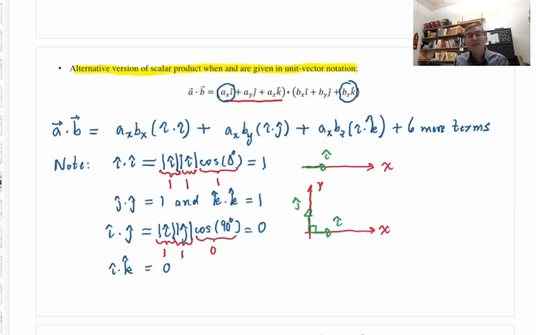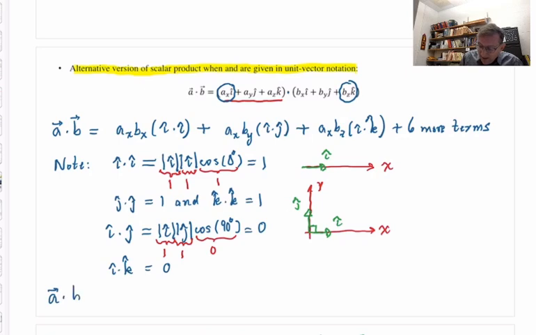All right, now with all this discussion about scalar products of unit vectors, let me show you what this expression for a dot b in terms of the components of a and b simplifies to. Remember I said up there were a total of 9 terms when you distribute the dot through the two vectors? What remains when you have written all those out and looked at all those various scalar products of unit vectors?